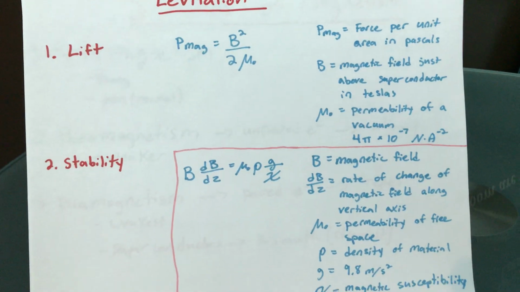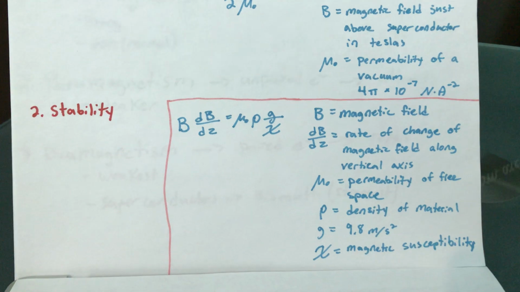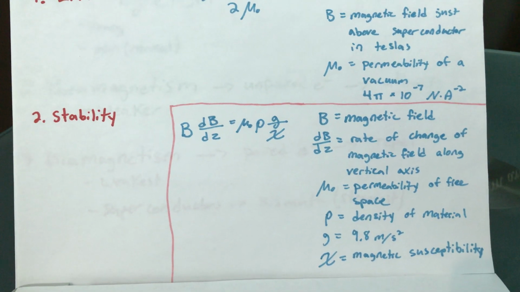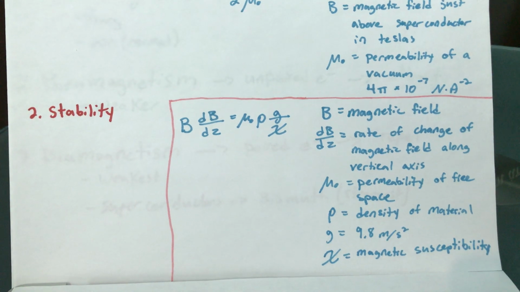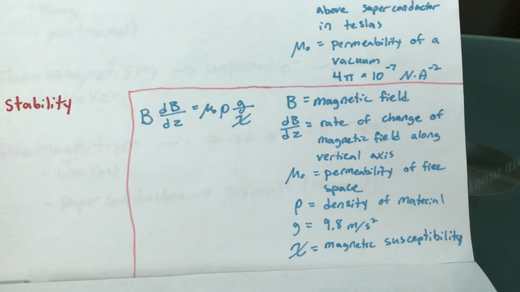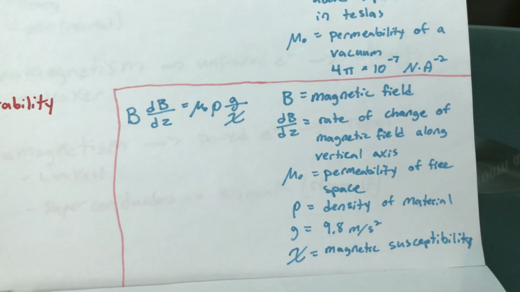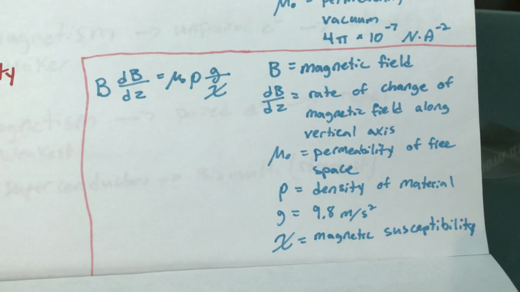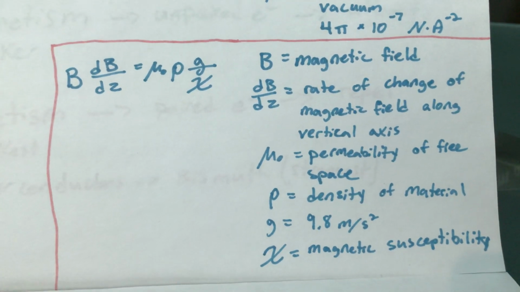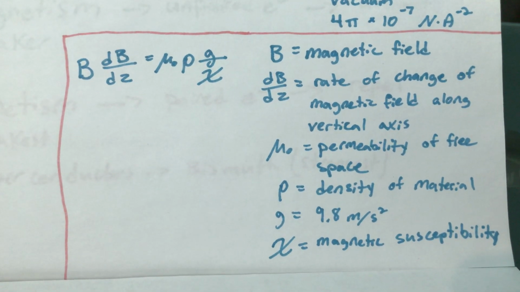Now, the other thing we need is stability. Now, this might be a little confusing, but stability doesn't actually have an equation that I was able to find. But there is this equation that I wrote, which is the minimum criteria for diamagnetic levitation. And I'll explain what diamagnetism is in a little bit.